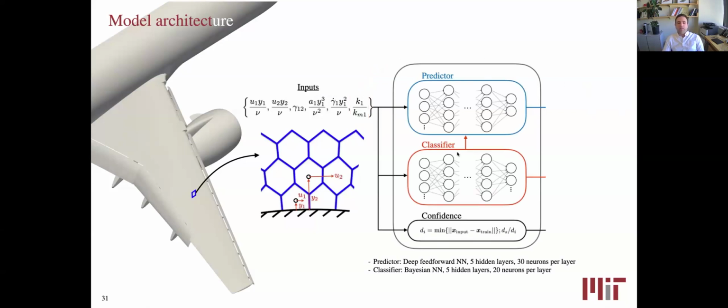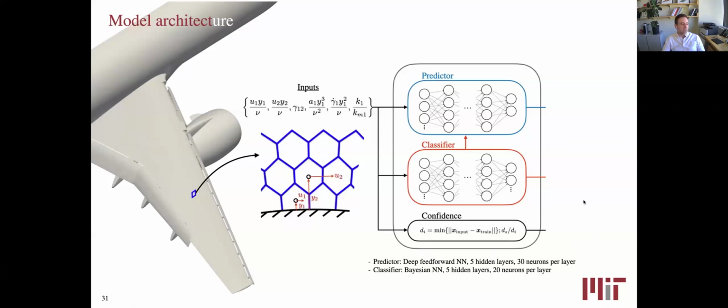And this predictor, classification, and classifier are deep feed-forward neural networks. I have some details here of how they are. They are of the order of maybe 5 layers with 30 or 20 neurons per layer. The classifier is a Bayesian classifier. I don't emphasize this architecture much because I don't mean that this is the best.